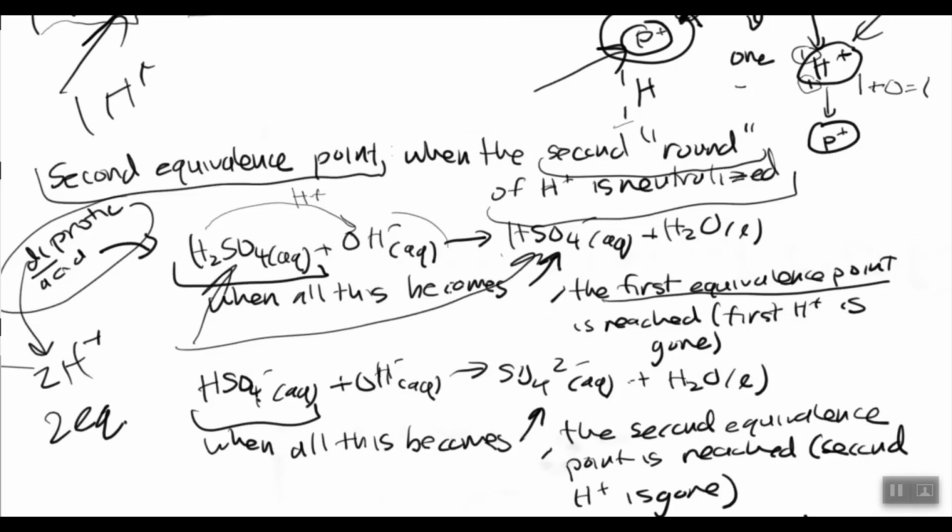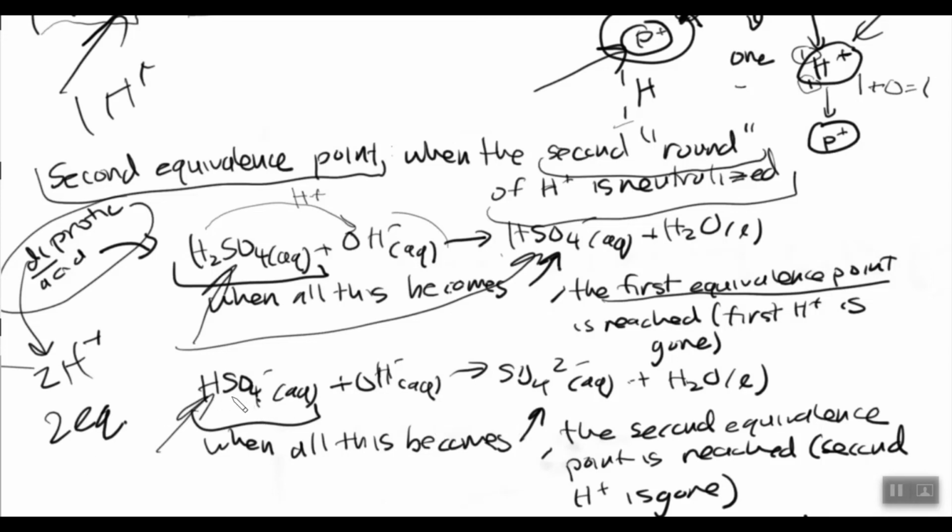So let's take a look at what we can do to neutralize the second round of H pluses. So that's the last one for the HSO4 minus there. So this is the second equivalence.